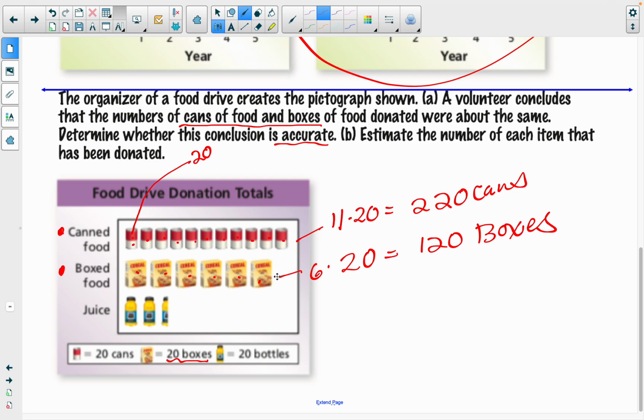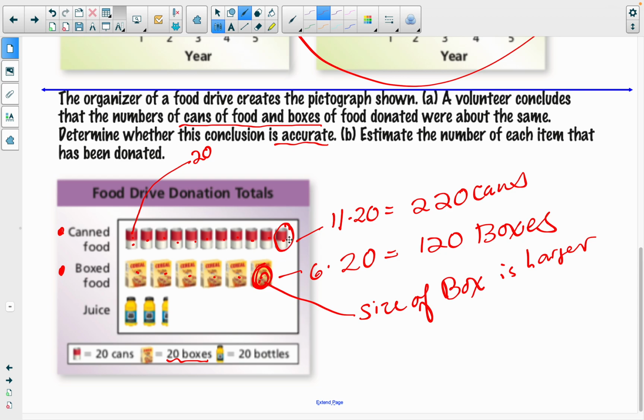What did they do to make them look the same? Yeah, the size of the box is larger. So one box, this box right here, is much larger than one can.